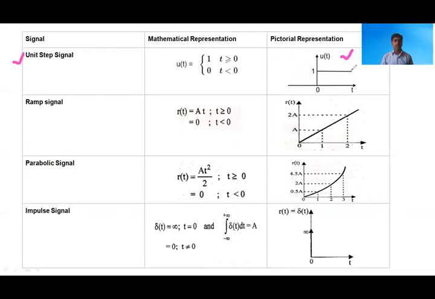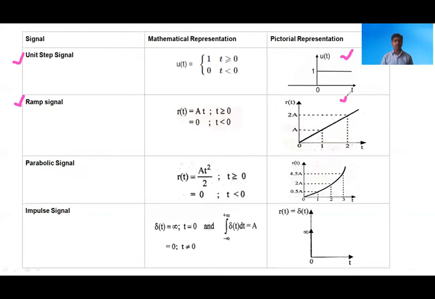And the ramp signal is defined as, it is also called, I told you, constant velocity. Means linearly it is changing from 0. Say suppose at 0 it occurs, then as t is increasing linearly, the amplitude also increases like this.